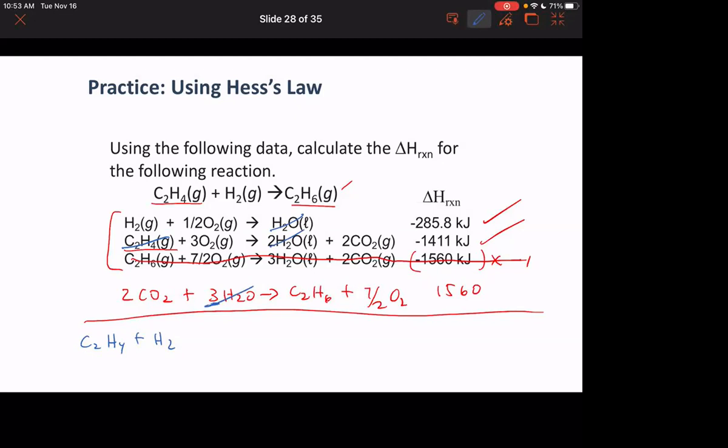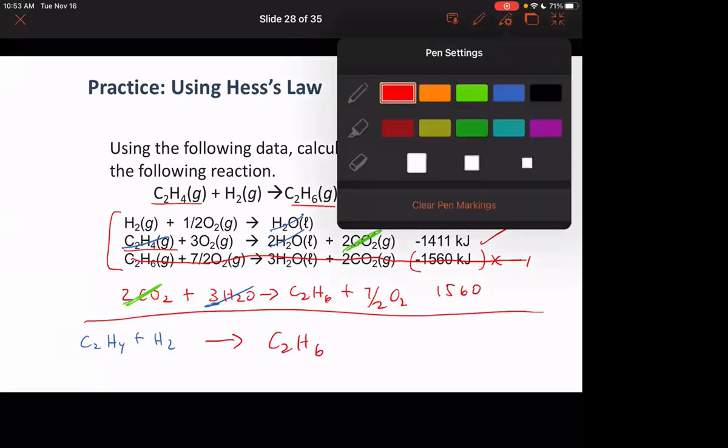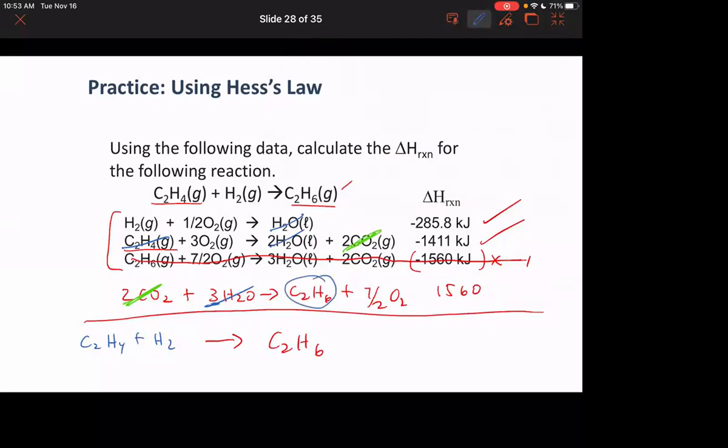And I've got CO2 over here, 2 of them. I'm going to cancel those out there, right? And then, of course, I've got C2H6 over here from right here coming down. And I'm supposed to have 7/2 oxygen or 3.5 oxygen. Now, I've got, oh, no, I'm sorry, I'm supposed to have 0 oxygen.